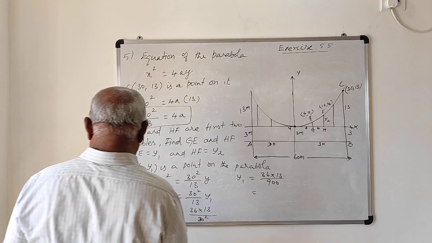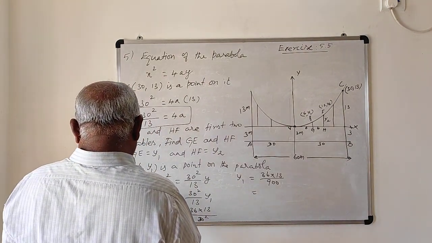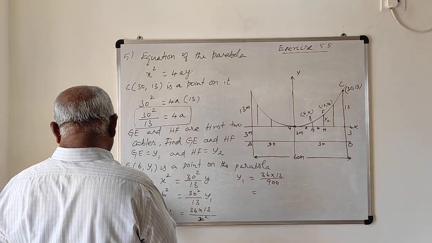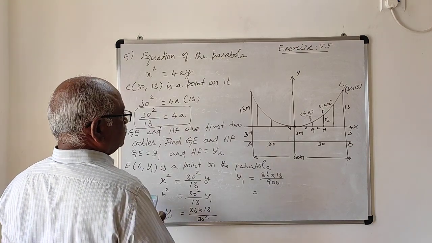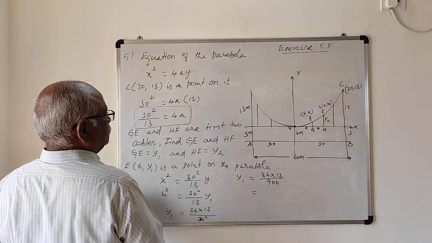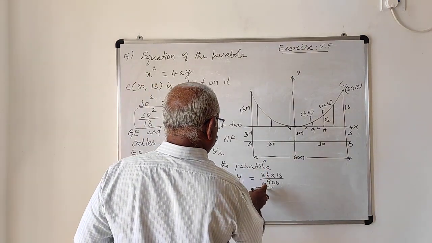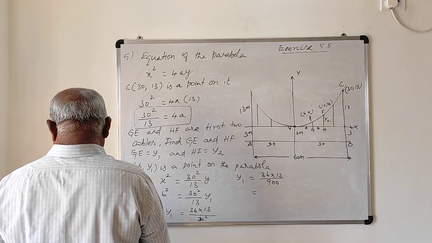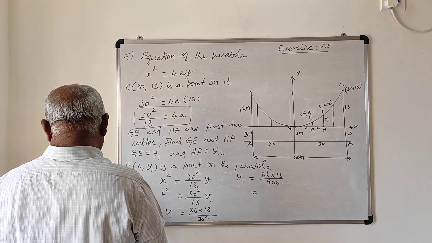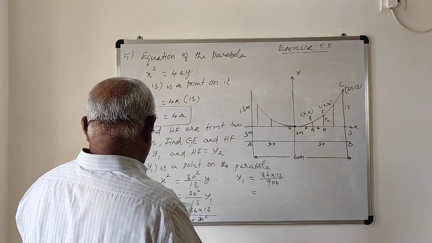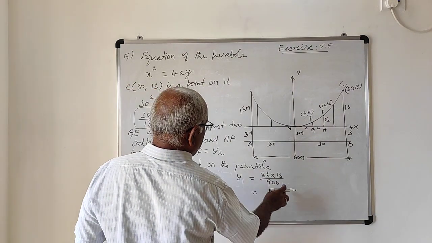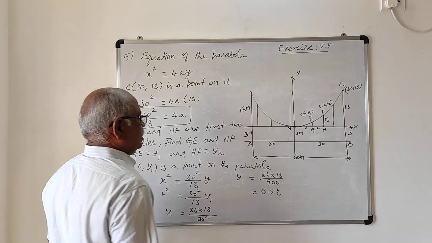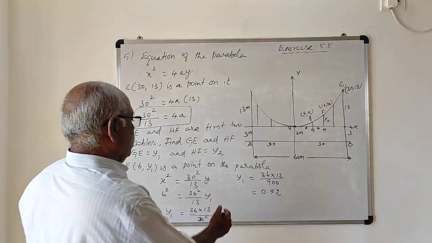Simplifying, 36 into 13 divided by 900 is 0.52. That is y1.